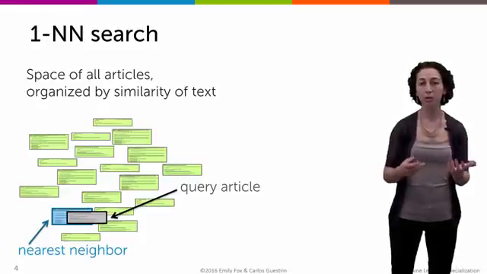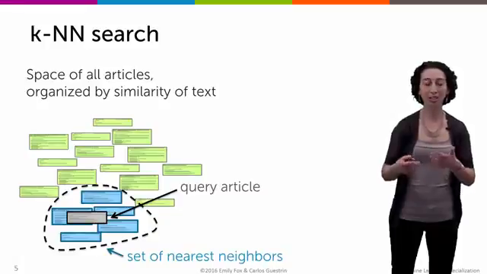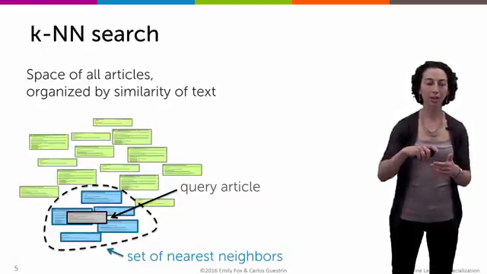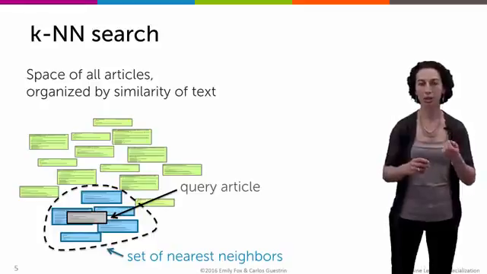So we presented some algorithmic details behind performing one nearest neighbor search, and then we presented a very straightforward extension of one nearest neighbor search, which is k nearest neighbor search, where we simply return the k most similar articles or generically data points to a given query point instead of just the nearest neighbor.